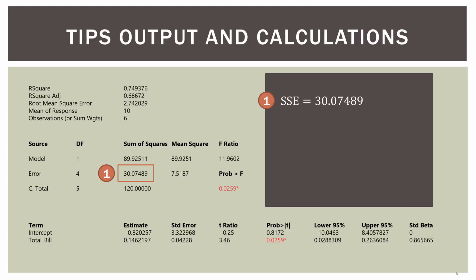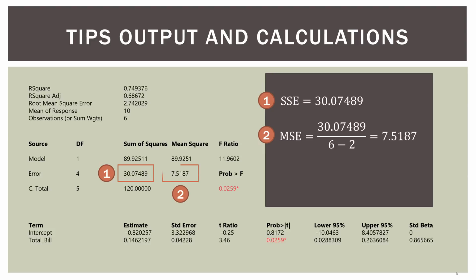It came out to 30.07489. We also did that using Excel, using a few columns of data, added them up, 30.07489, and there it is in the regression output from the software package. Same thing, but now you know where it comes from.